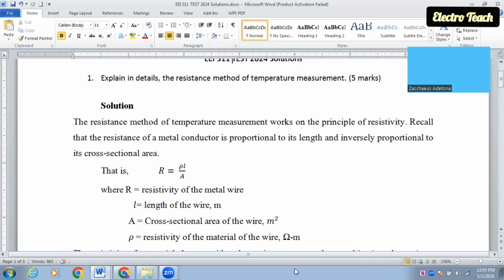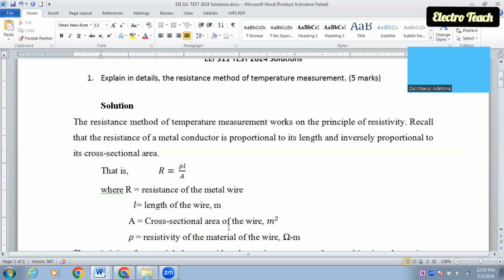All right, so we can see on the screen here the formula R equals rho L divided by A, where R is the resistance of the material, not resistivity, resistance of the metallic conductor, and L is the length of the wire measured in meters.